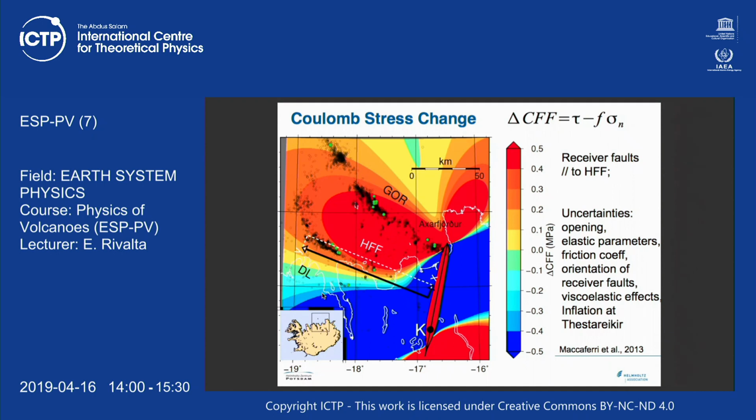So if you compare, this is a complicated question, so I'm going to help you. What are the differences if you calculate the Coulomb stress in earthquake areas, due to faults, due to earthquakes, and Coulomb stress due to dikes?